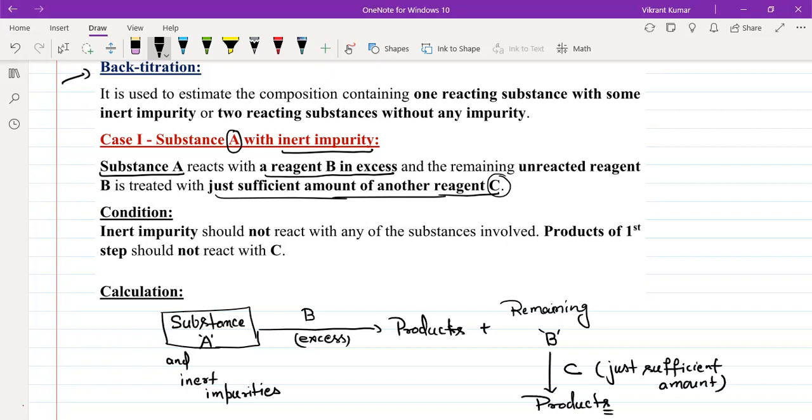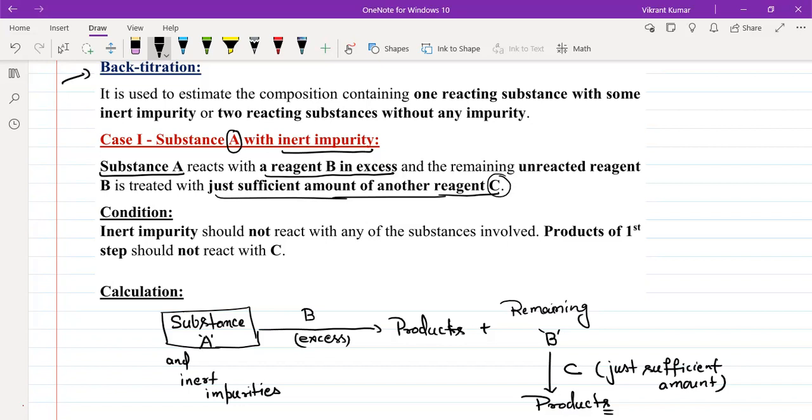Is it okay? So we have got three substances A, B, and C. Now I'm asking you one question, and that will give you the identification of the question, and that will give you the solution also. What is that substance which is reacting with more than one substance?